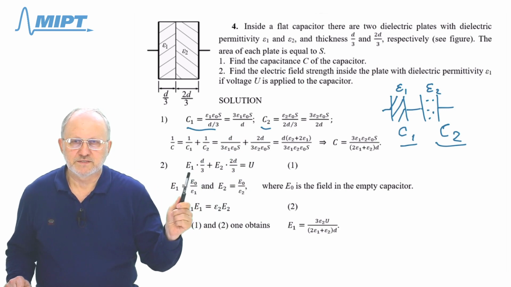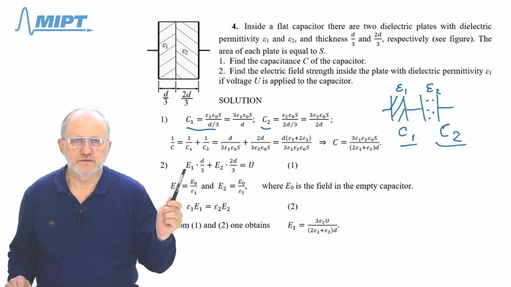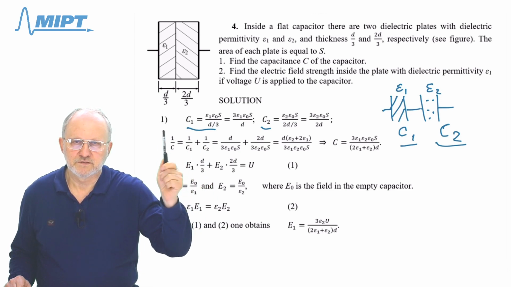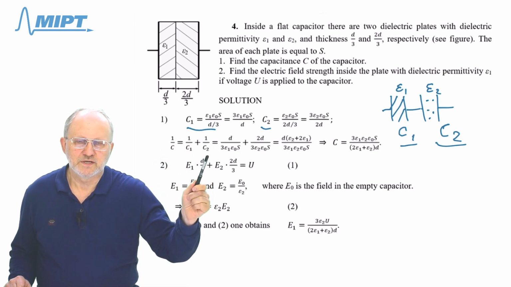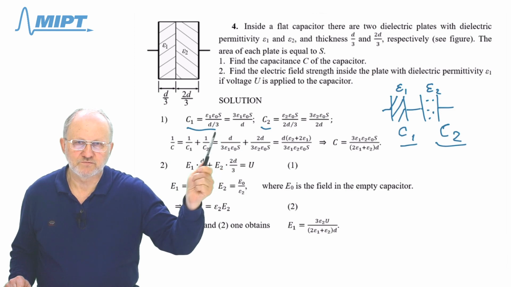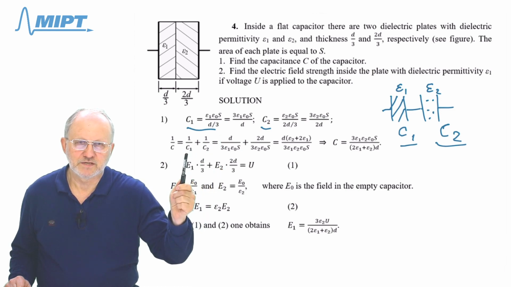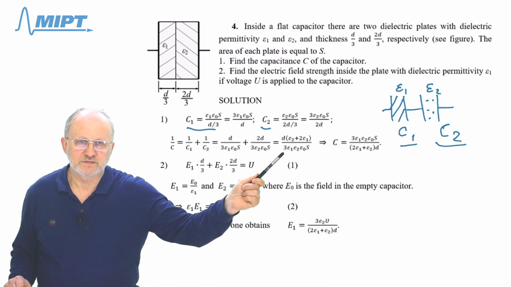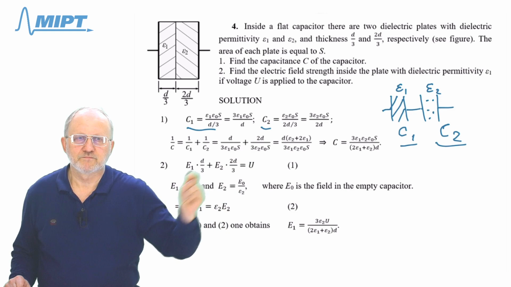The total capacitance of the two capacitors connected in series is calculated according to standard formula, and if we have expressions for each capacitance, then we can calculate C, the capacitance of the two capacitors connected in series. Simple calculations give us this result.